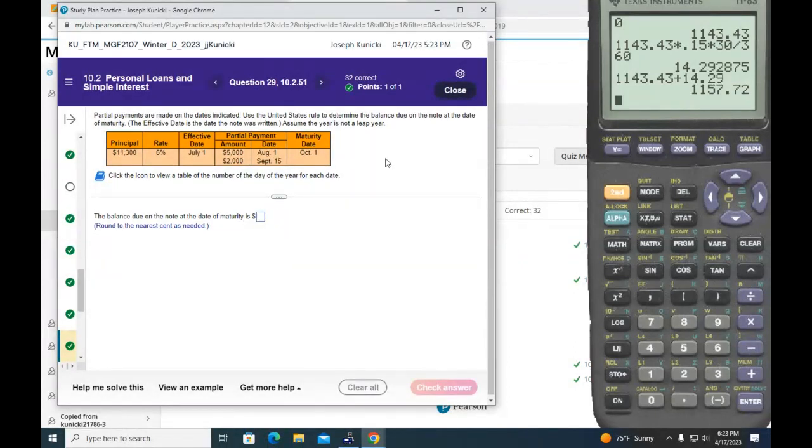Once again, it's two partials and a final. And August 1st and July 1st. So that's a month of July. So the first one's 31. That's easy. The second one goes from August 1st to September 15th. 45?